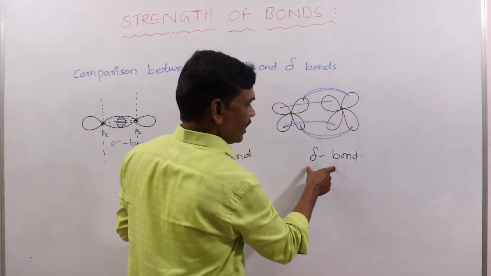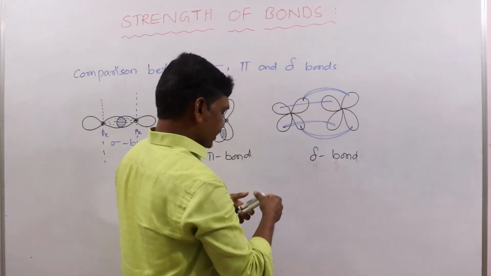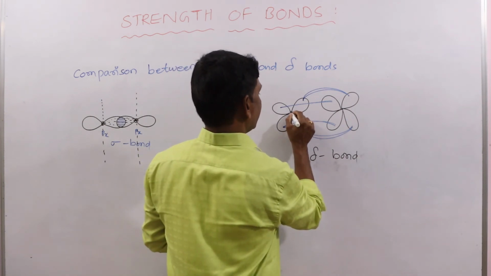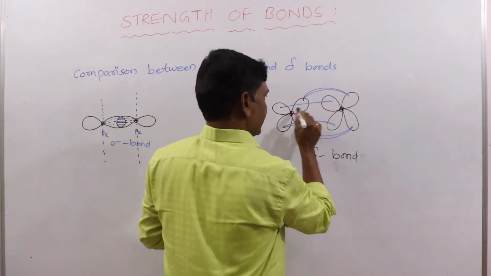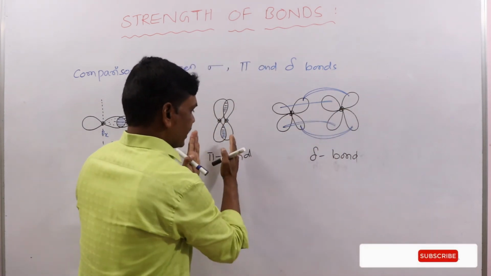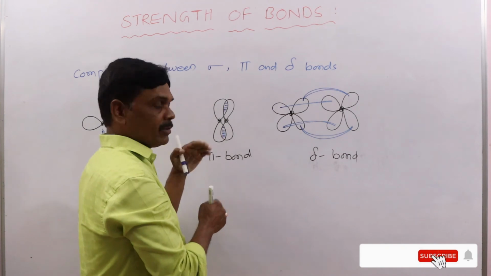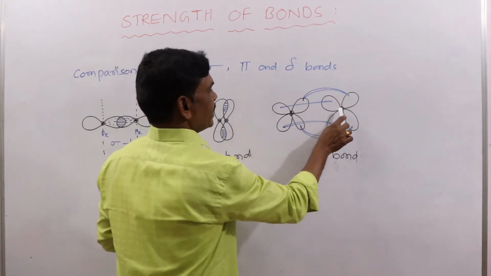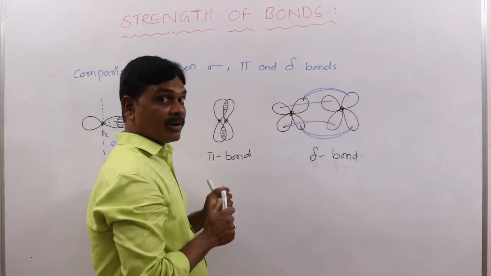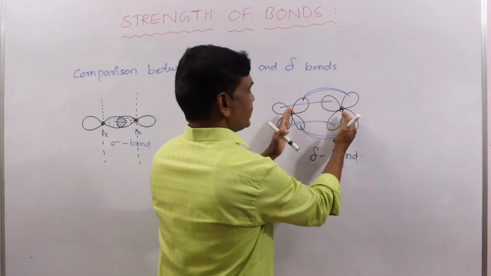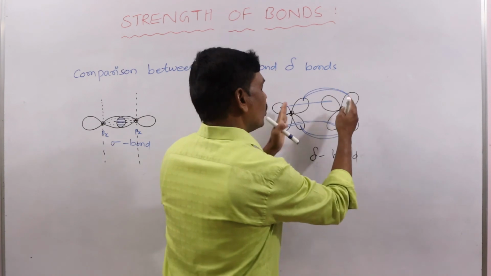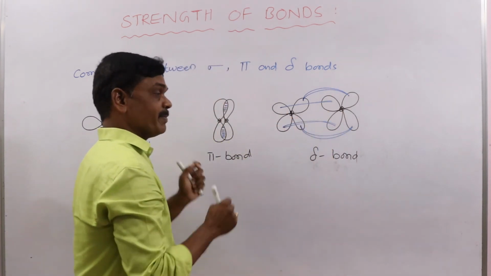Now in case of delta bond, this is the nucleus of the first d orbital and second d orbital. When compared to pi bond, here the nuclear distance is more. In pi bond repulsions are more, but here nuclear distances are more, so repulsions are less.